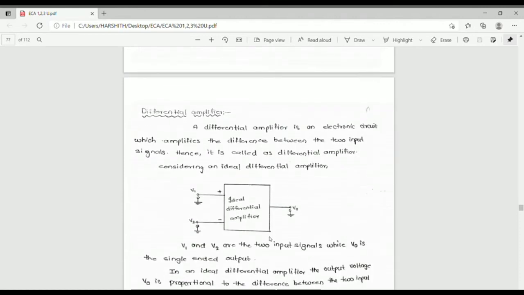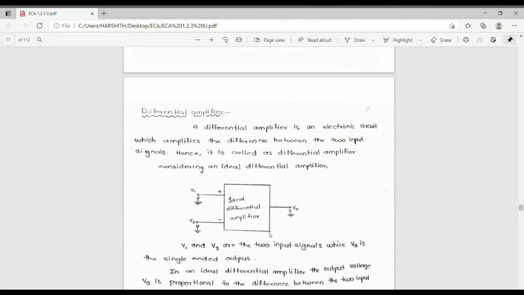And the next topic, differential amplifier. Differential means the difference between two input signals. A differential amplifier is an electronic circuit which amplifies the difference between the two input signals, so it is called the differential amplifier.